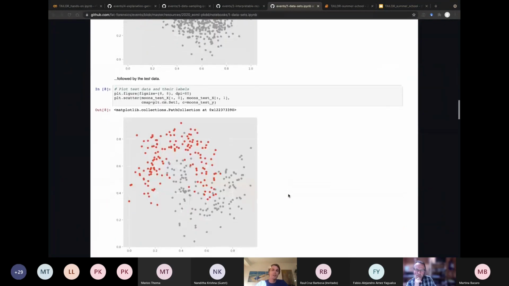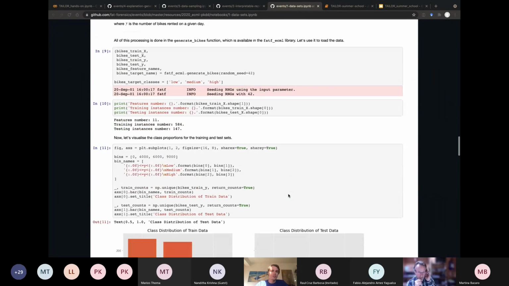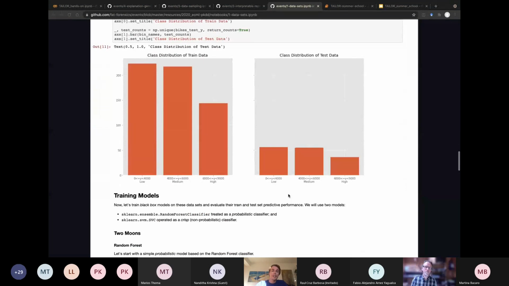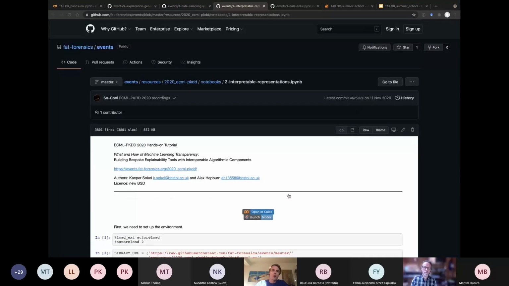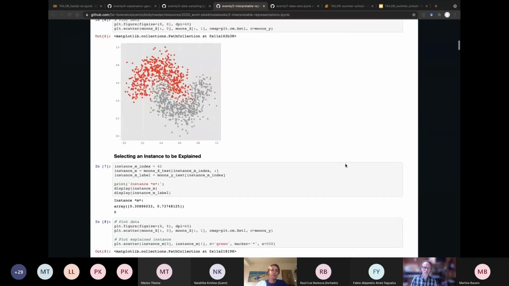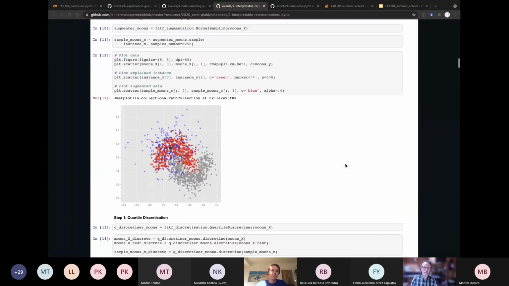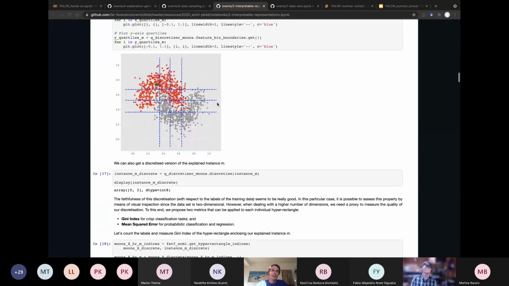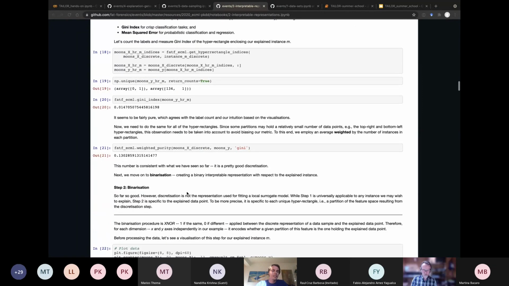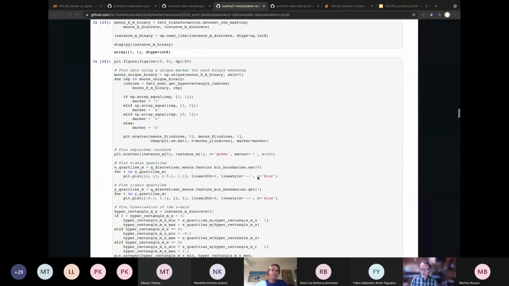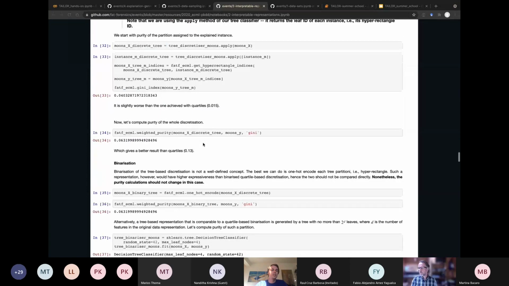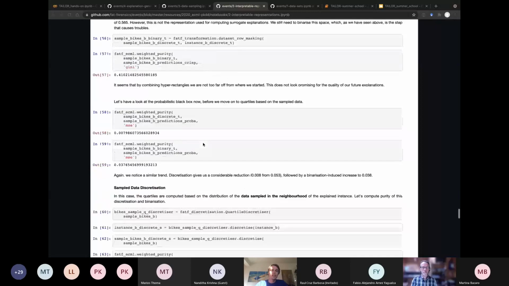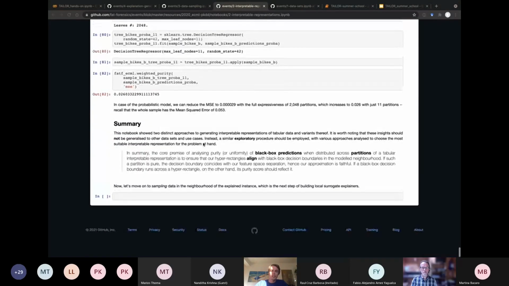So if you navigate to events.fatforensics.org, you can find all these Jupyter notebooks there, and they go step by step computationally with all of the issues that I covered today for tabular data. So you will see different ways of sampling your data, and then different ways of measuring these samples, whether they are good or bad, some discussion about that, both with quartile discretization, decision tree discretization, and different metrics for that.